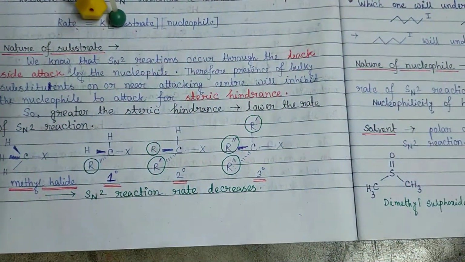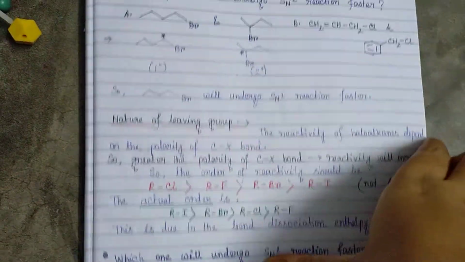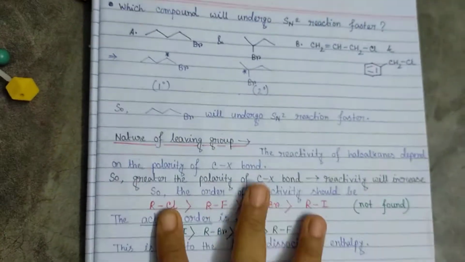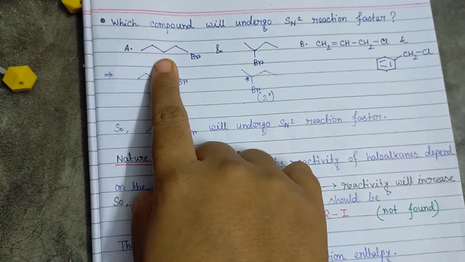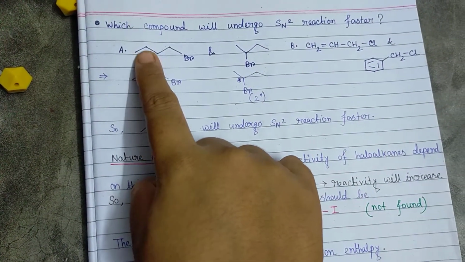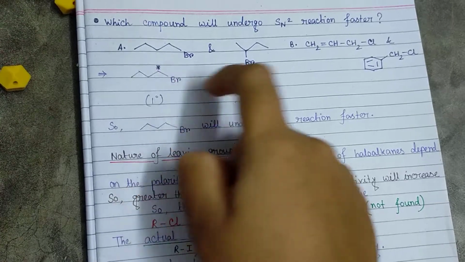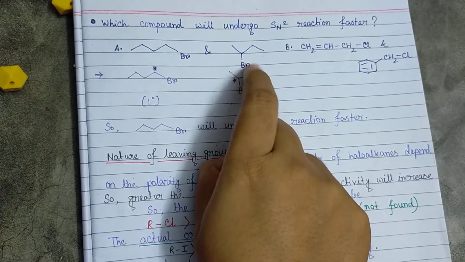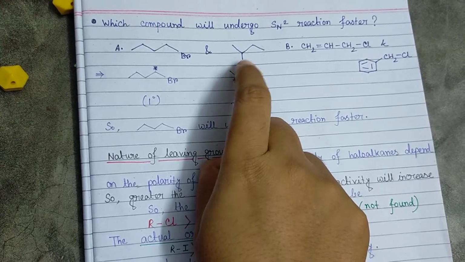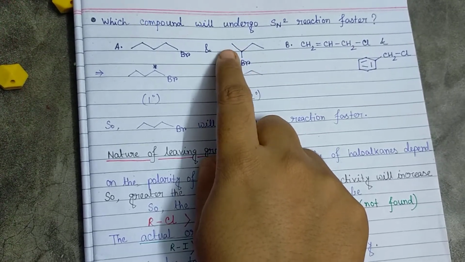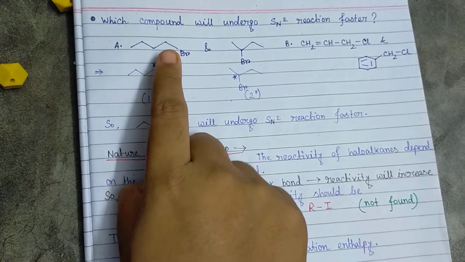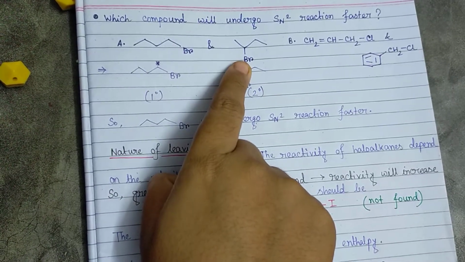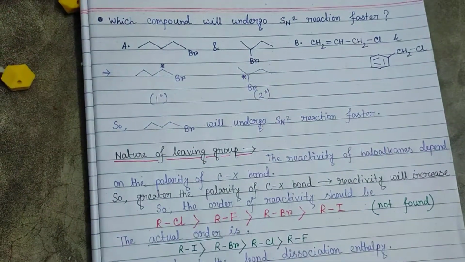Now let us take an example by which we have to answer which one will undergo the SN2 reaction faster. The first one is N-butyl bromide, and this is the butyl bromide, but this is not normal N-butyl bromide. So between these two compounds, which one will undergo the SN2 reaction faster?